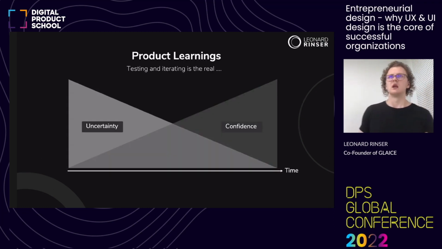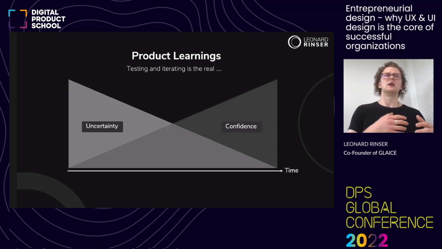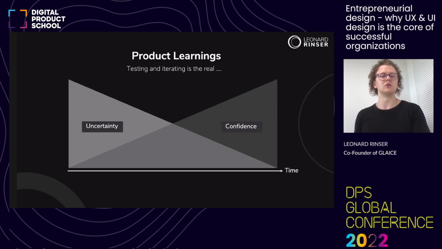And something I learned also was about, in the beginning, I was really uncertain. Do I do the right things? Do I have the right problems which I'm addressing with my solution? But over time, I tested it and it decreases over time. So my uncertainty decreased over 2 years. But in the same way, my confidence increased.